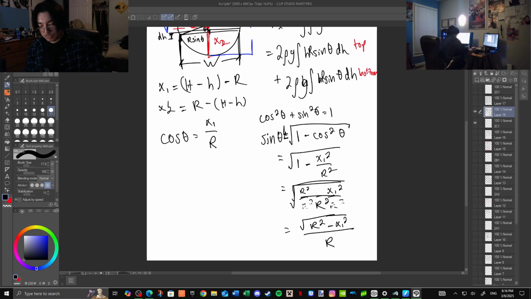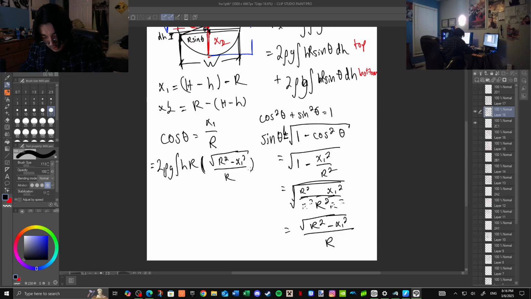So we can finally start substituting in this expression and replace sine theta. We've got rho g h times r times the square root of r squared minus x1 squared, all of this over r, times dh.